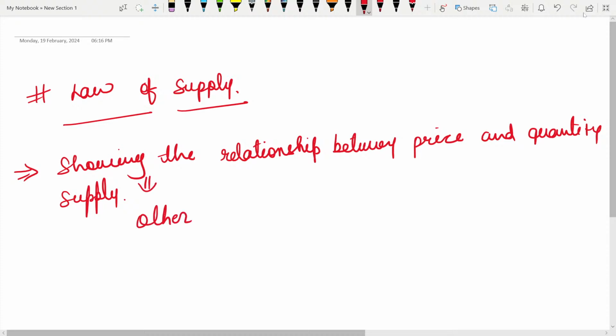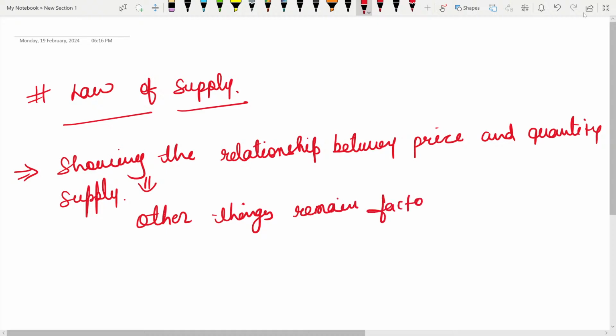So this law of supply talks only about price; other things or other factors remain constant. What does it mean, other things or other factors?